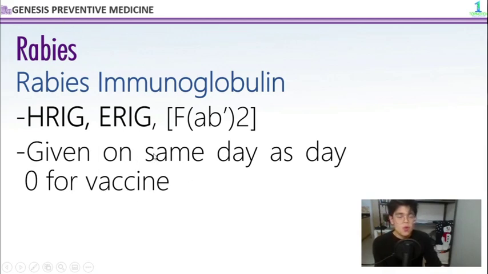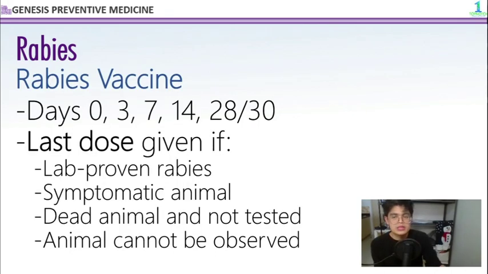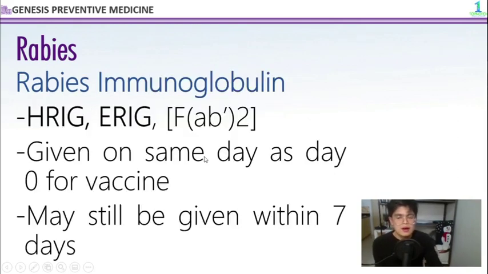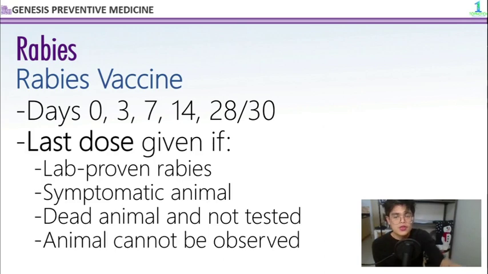So on the day that you give the first dose of the rabies vaccine, day 0, you also want to give the rabies immunoglobulin. If RIG is not yet available immediately on that same day, this may still be given within the first 7 days of the schedule that you're giving. So pwede pa hanggang yung third dose, theoretically.